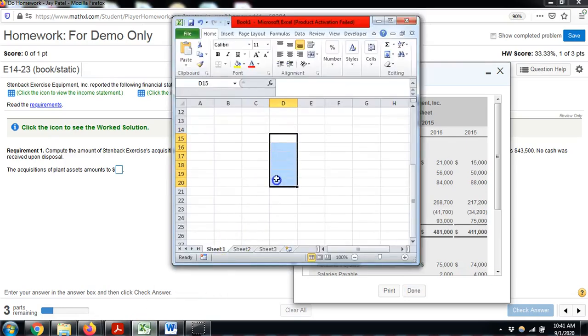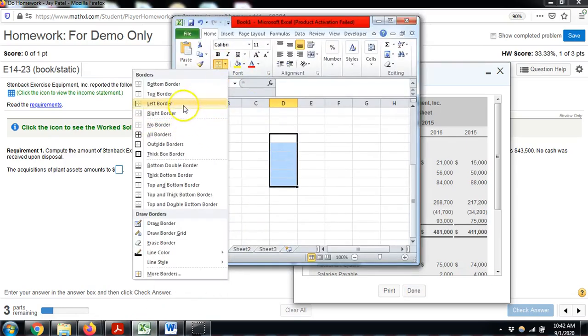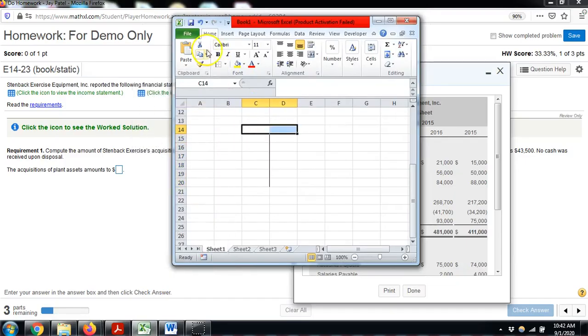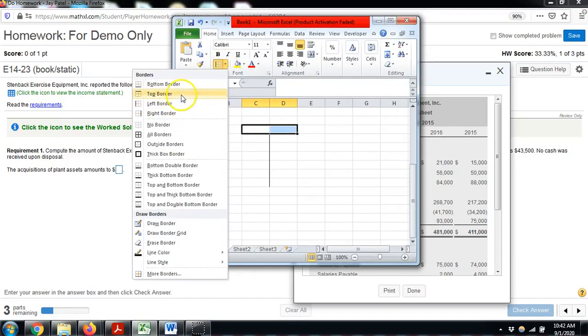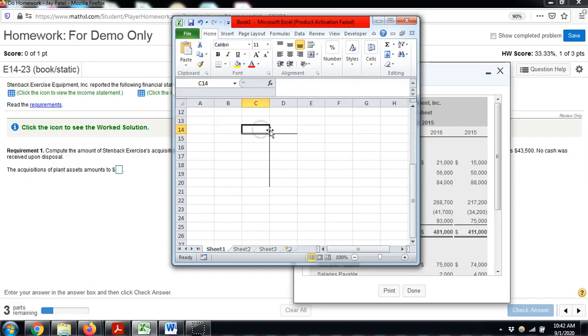Let's just set up a little T account. So this is plant asset. Our beginning balance is going to be a debit balance of $217,200. This is the beginning balance.